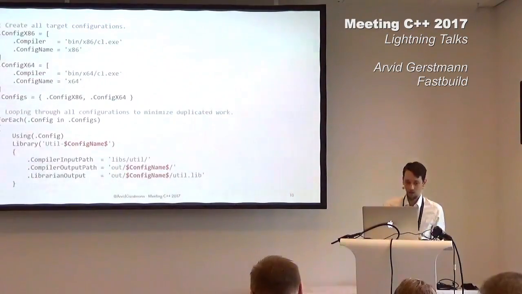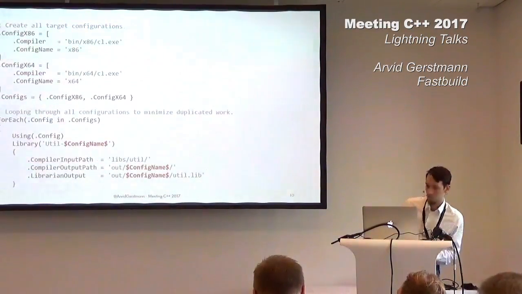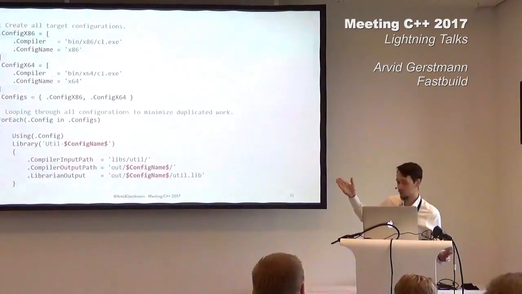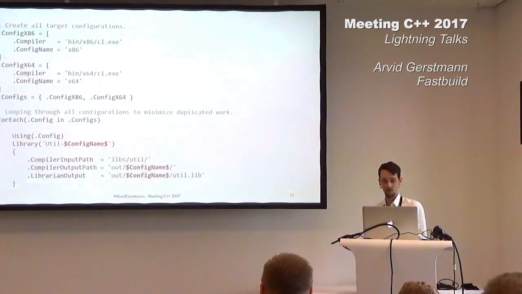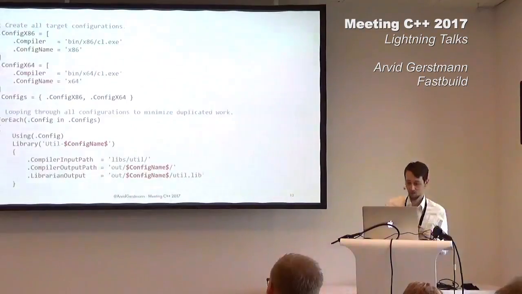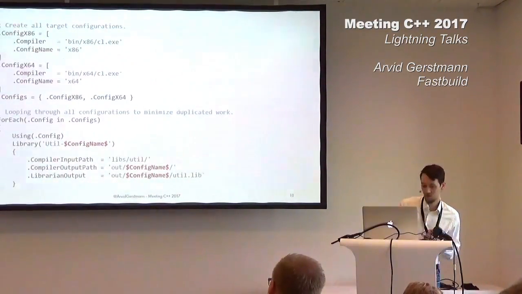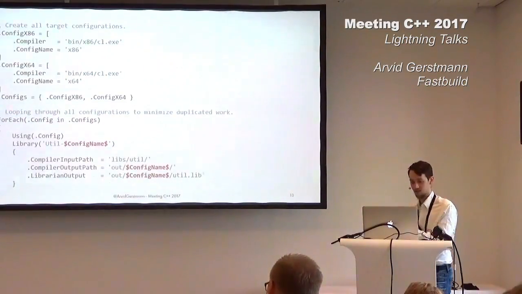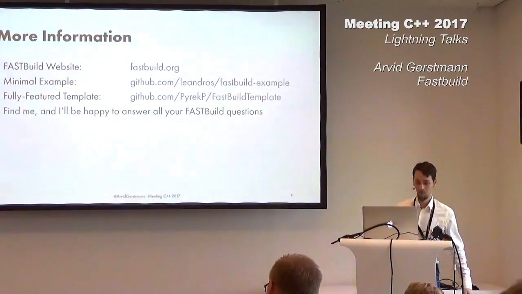And then we basically have a for-each loop over all the configs. Use that just-described using directive to get the config into scope. Fastbuild will then automatically use all the predefined variables, like .Compiler in that example, use that in the Library function, and compile our libraries for x86 and x64 at the very same time.